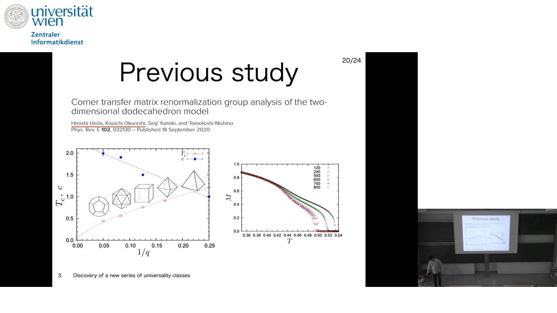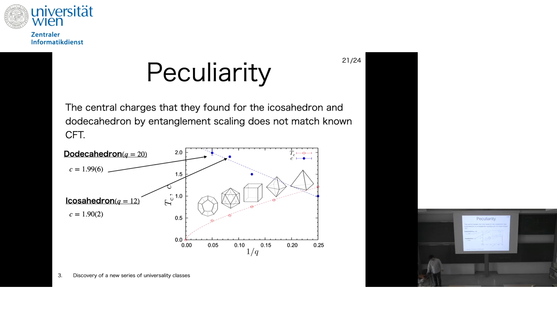And their method was corner transfer matrix. Basically, you measure this central charge with entanglement entropy scaling. The result that they found is a little bit peculiar when you consider them as rational CFTs. These things are not intuitive.